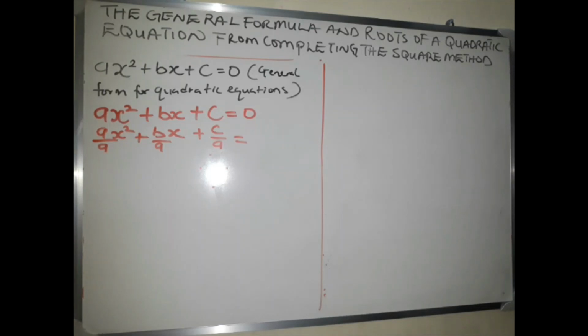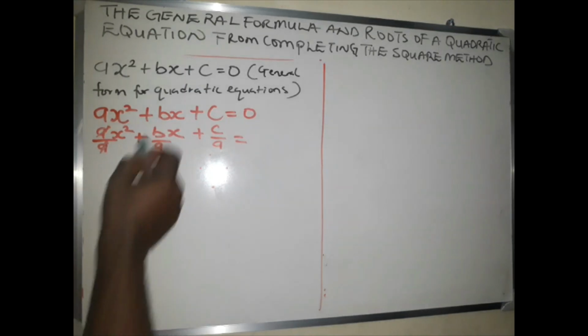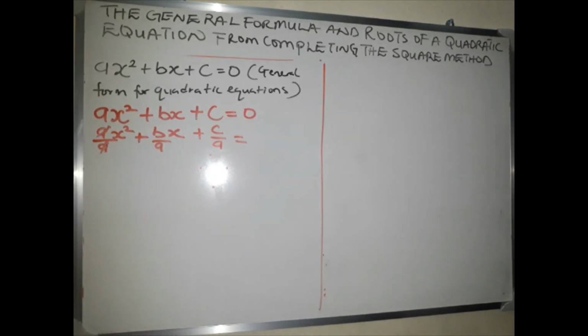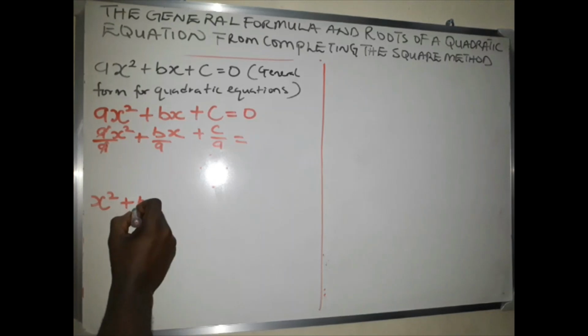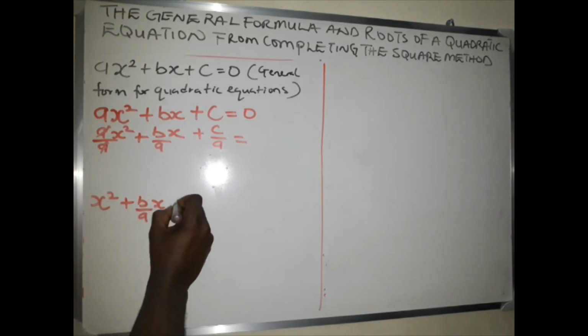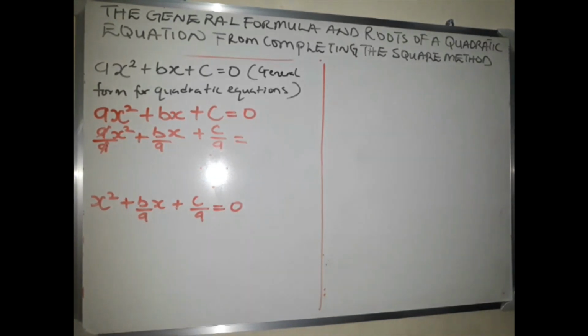When we do that, a will cancel a, and the other ones cannot be cancelled because they're not like terms. So what we want to get is x squared plus b over a x plus c over a is equal to 0. Okay, so that was the first step.